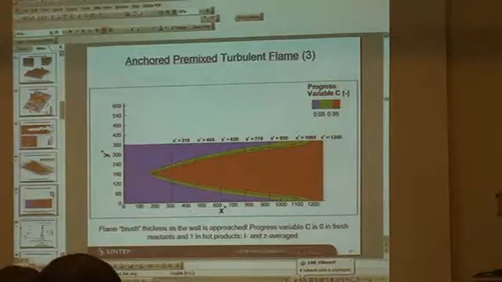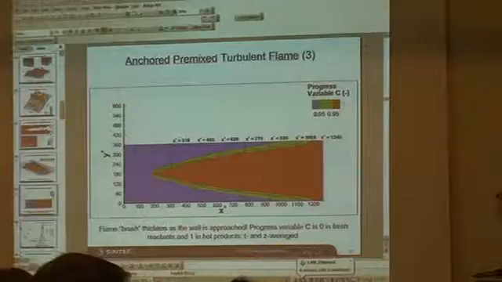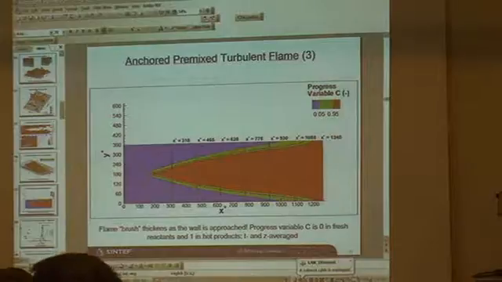But in this case, your discussion about the influence of small vortices is not convincing, because this thickening of the flame, I don't know. I've said that I don't know why the flame gets thicker.